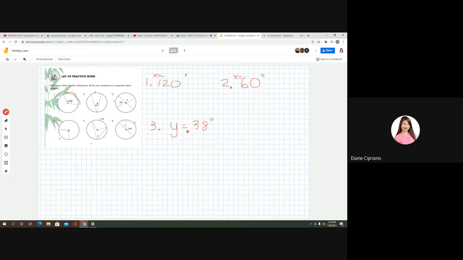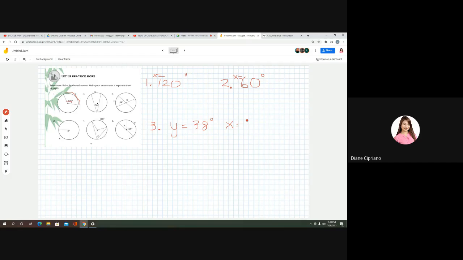How about in our letter x? It is a half circle, a semicircle.